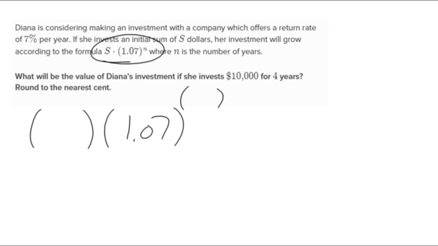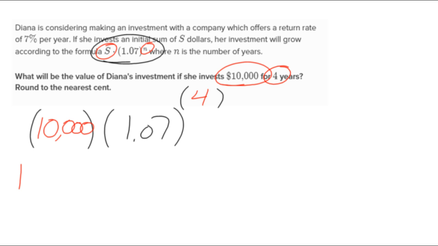You have to understand that the 10,000 is the $10,000 that we initially invested, and that is S. So you're going to go 10,000 times 1.07, and the N in the problem is 4. It's for the 4 number of years.